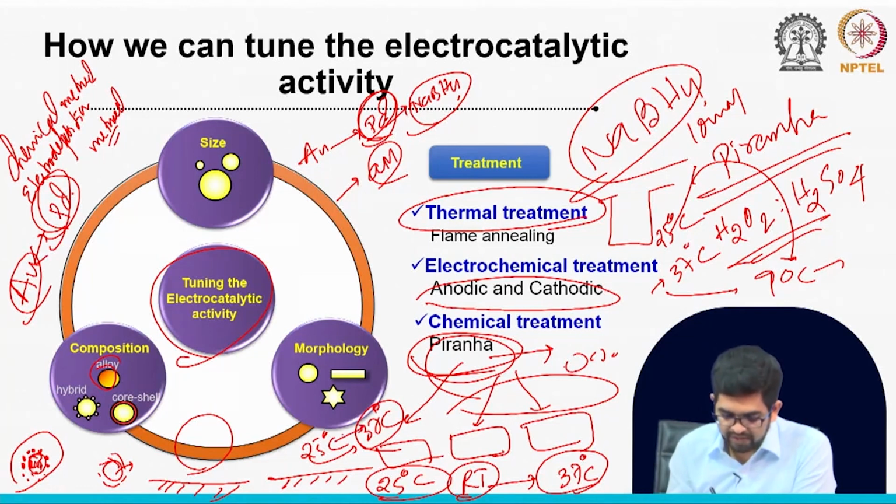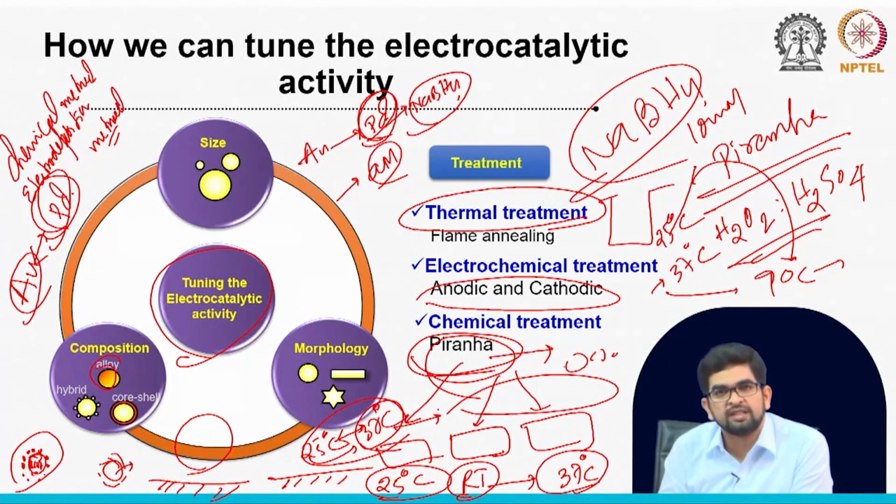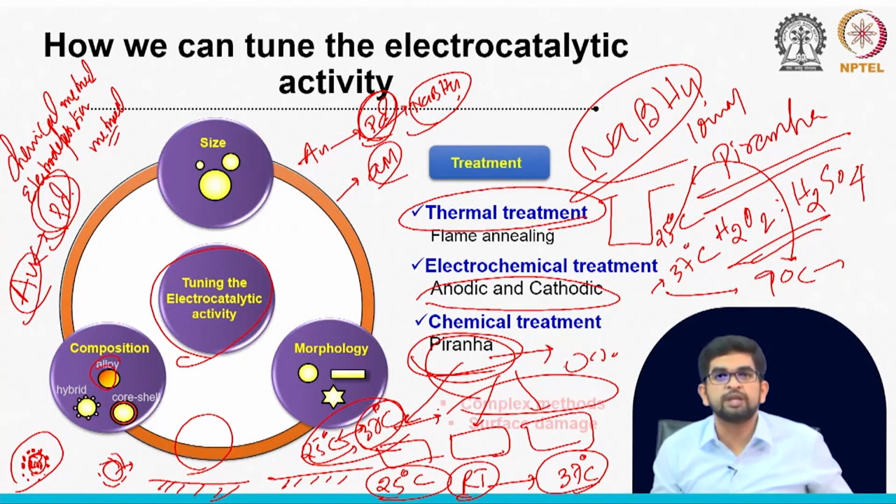At 25 and 37, you can measure the difference in the cyclic voltammogram, current, and peak potential. You can even try other temperature values above 37, but not too high. In the biosensor case, we do not prefer very high temperature. So you can run a control experiment, check the temperature effect, and then apply it to the actual sensor applications. Keep those things in mind.